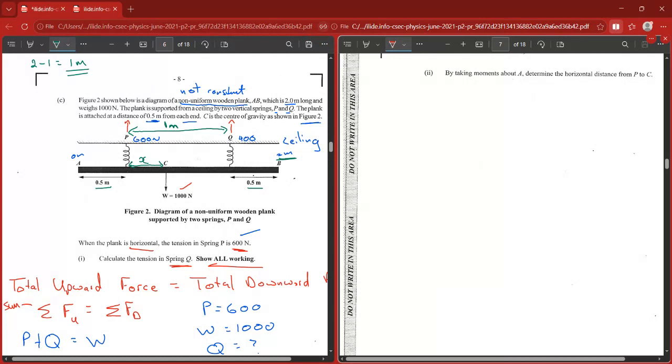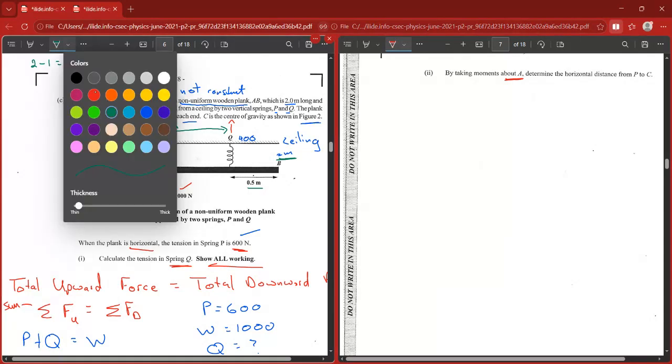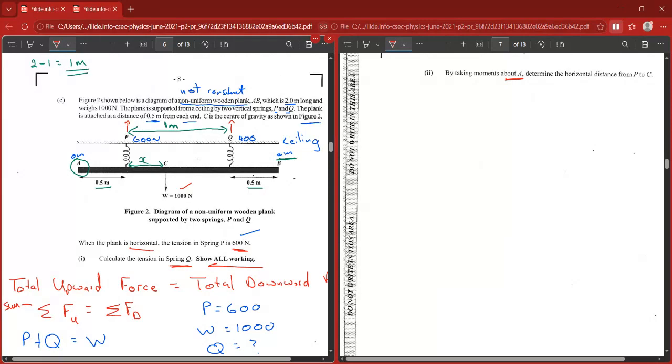So we're going to take moments about A, which means I'm going to circle this point A here, and every force is bending towards A now. So if P is bending towards A, it will look something like this. If Q is bending towards A, it will look something like this. If W is bending towards A, it will look something like this.